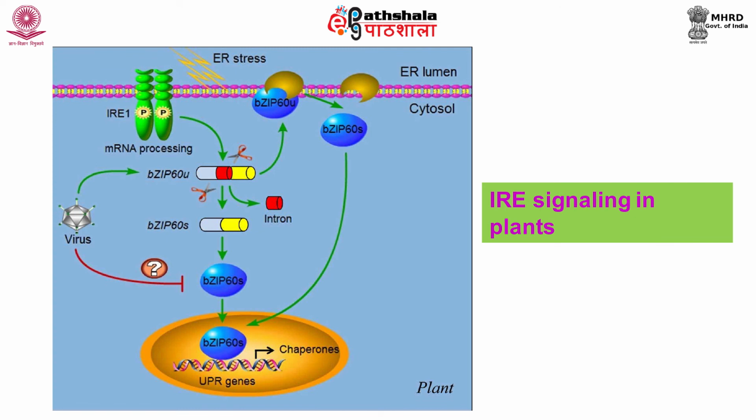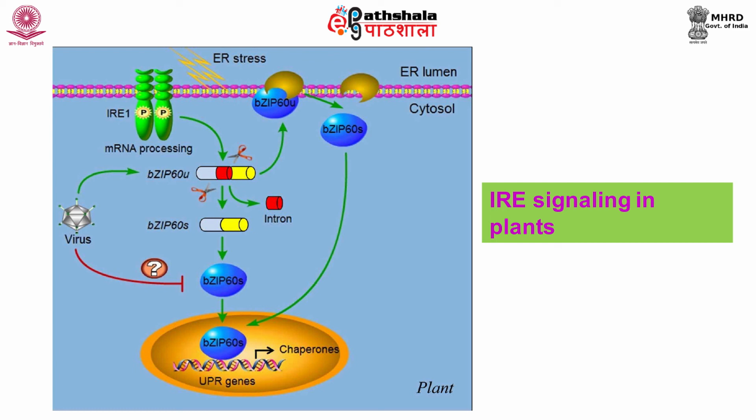This is the IRE signaling pathway in plants. Arabidopsis possesses at least two IRE1-like proteins, AtIRE1A and AtIRE1B, and OsIRE1 harbors all structural features of yeast and mammalian IRE1.